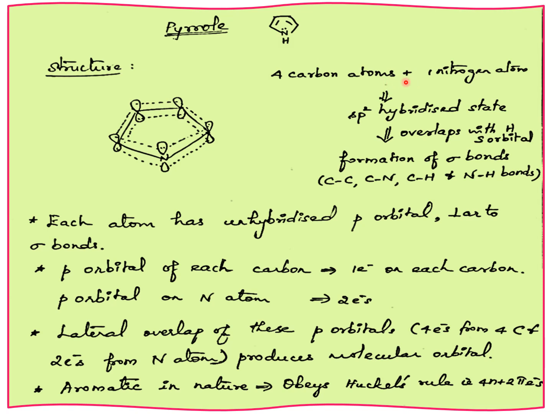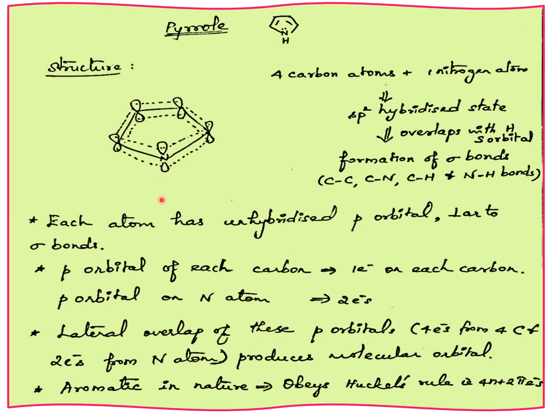These orbitals get hybridized to give sp2 hybridized state orbitals, and these orbitals get overlapped with the s orbital of the hydrogen atom. It provides the formation of sigma bonds such as the C-C sigma bond, C-N sigma bond, C-H sigma bond, and N-H sigma bond.